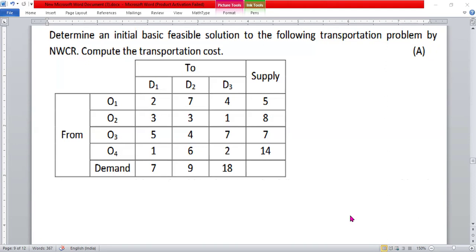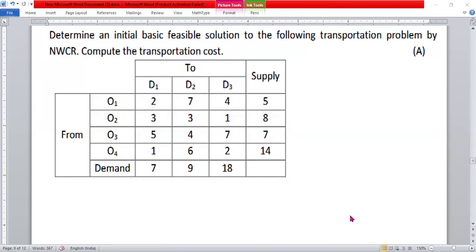And now again, I'm going to teach you the transportation problem. This is one of the very important questions for the final examination. So all of you concentrate. In the transportation problem, we have three methods.